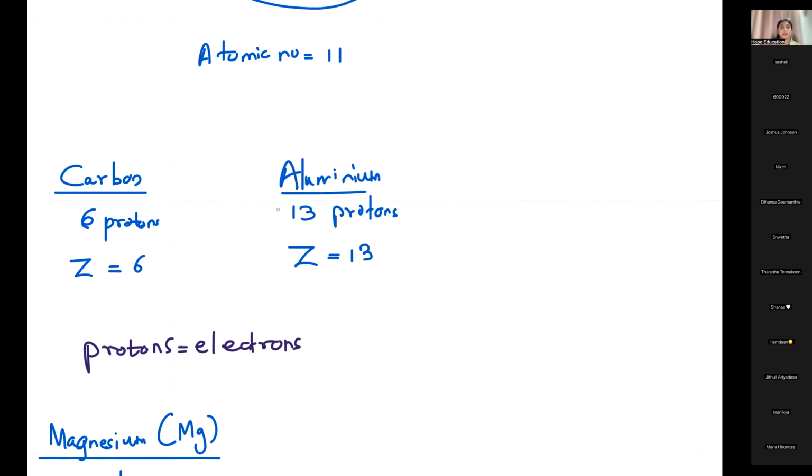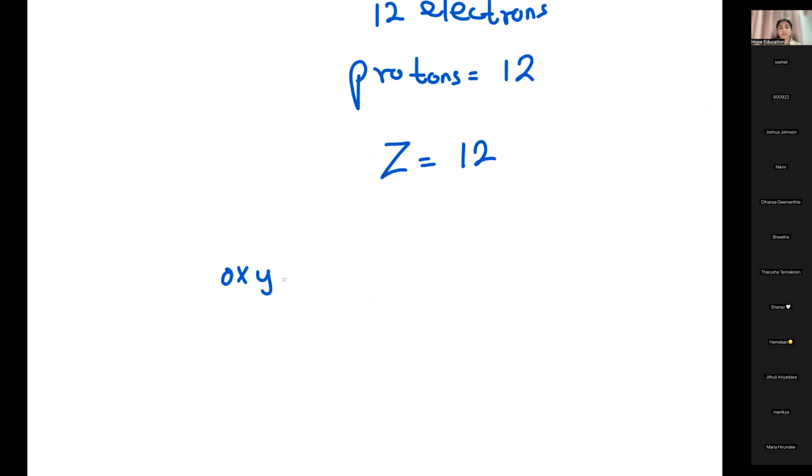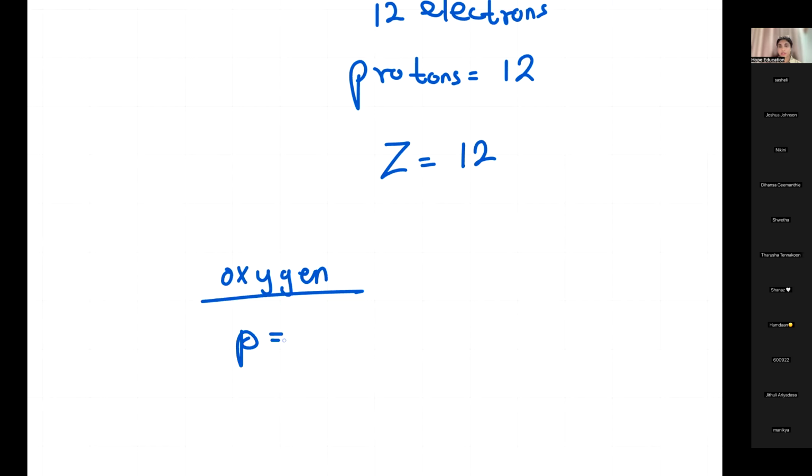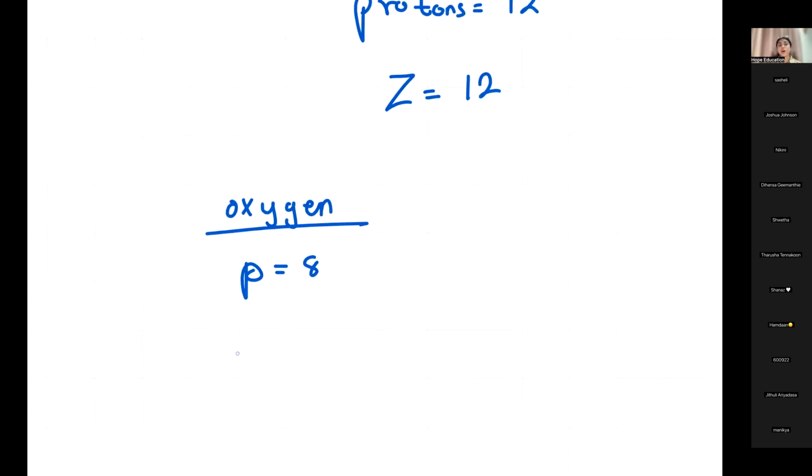Let's say for an example, oxygen. Oxygen has 8 protons. If oxygen has 8 protons, atomic number would also be 8, because atomic number of a particular atom is equal to the number of protons. Is that clear?